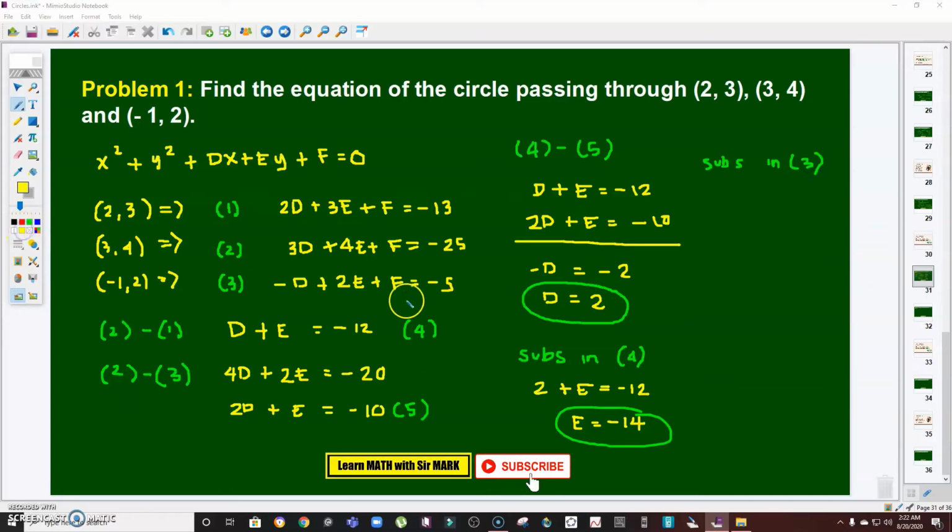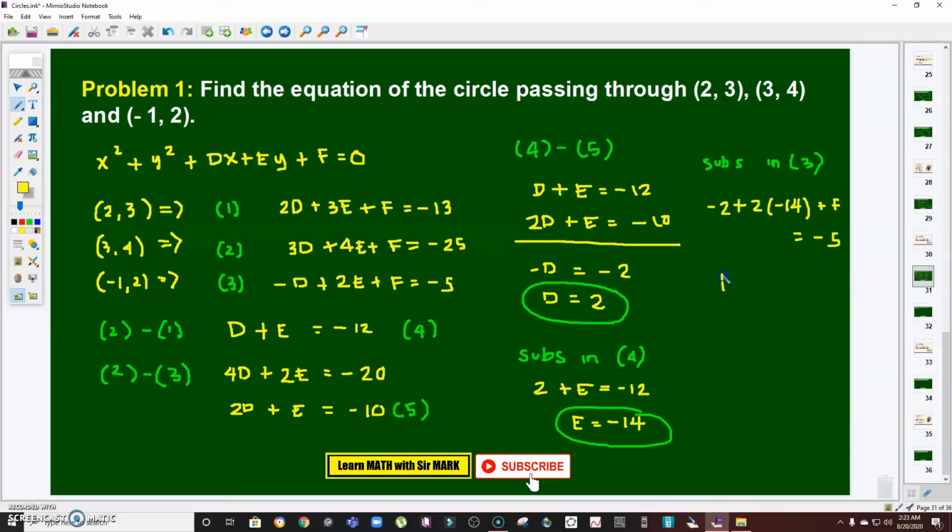That is, this one will become negative 2 plus 2 times negative 14, plus f, equals negative 5. Alright?